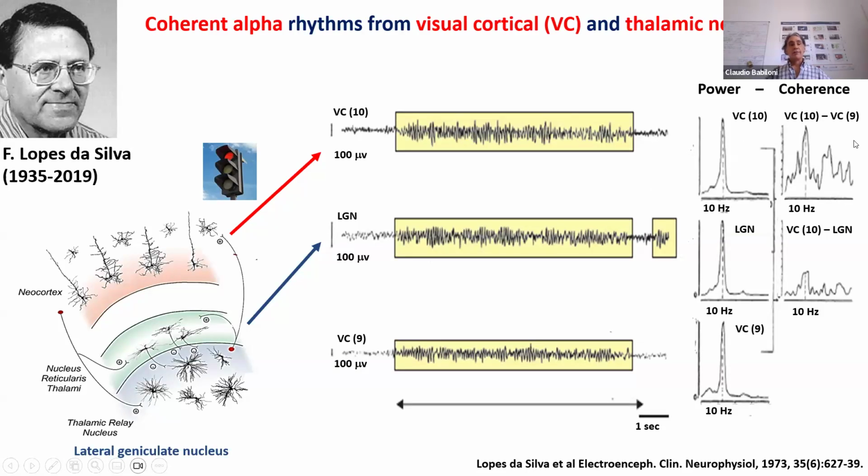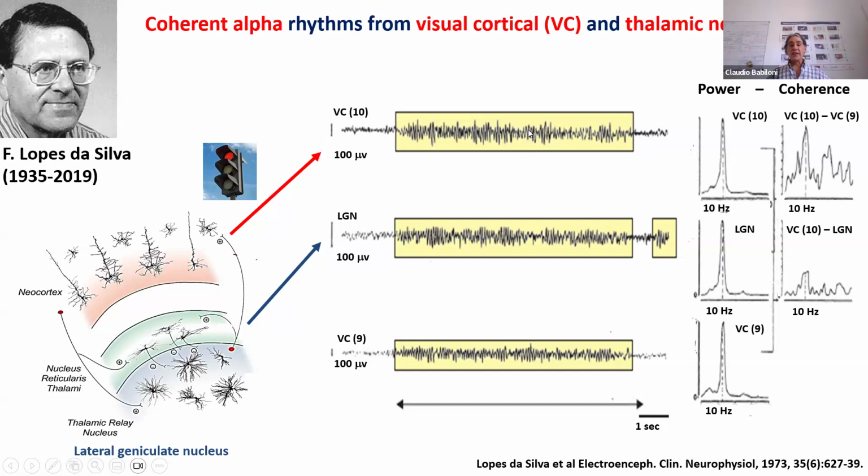Professor Fernando Lopes da Silva was also able to record local field potentials and EEG activity from behaving animals, dogs, in this particular research. And you see two electrodes in the visual cortex of dogs, electrode 10 and electrode 9.